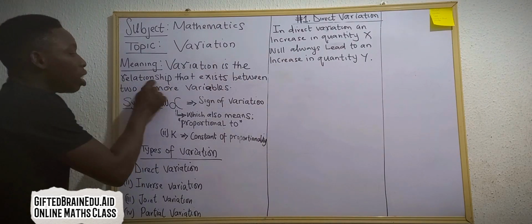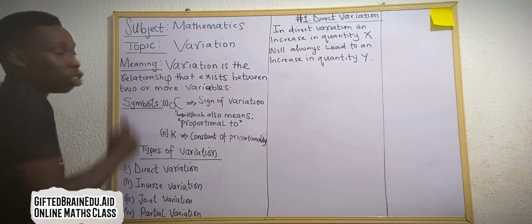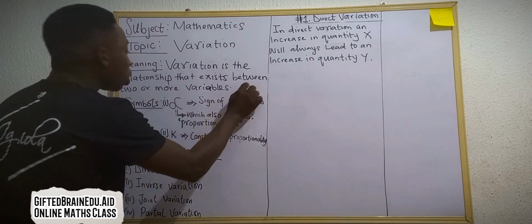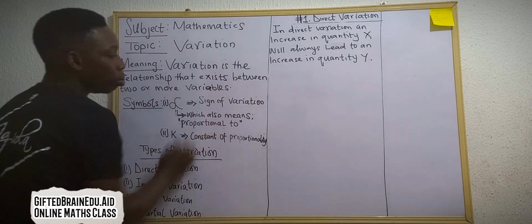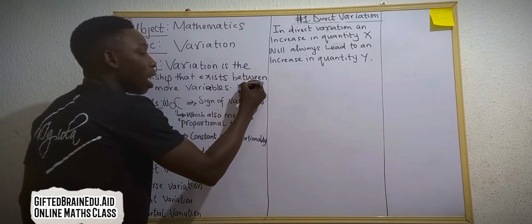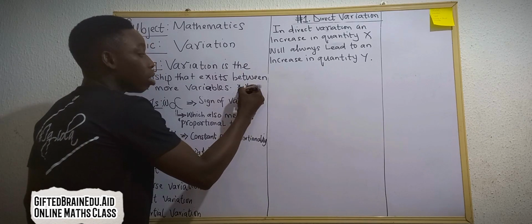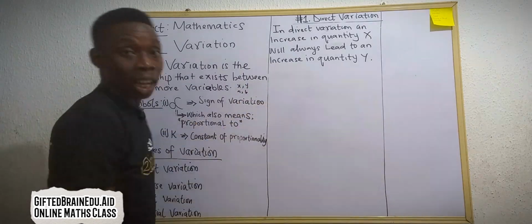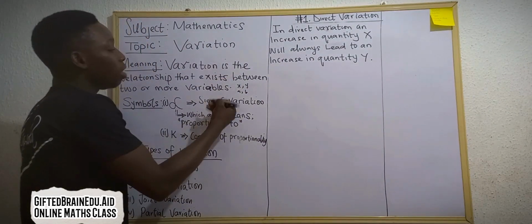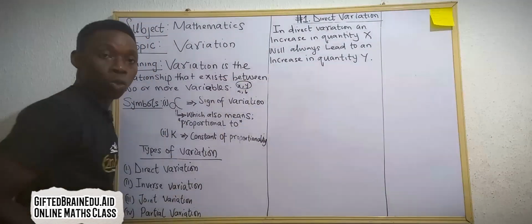This word is very key: relationship. Variation is the relationship that exists between two or more variables. In this context, a variable can be x, y, a, b, and so on and so forth. But the most commonly used variables in variation are x and y.